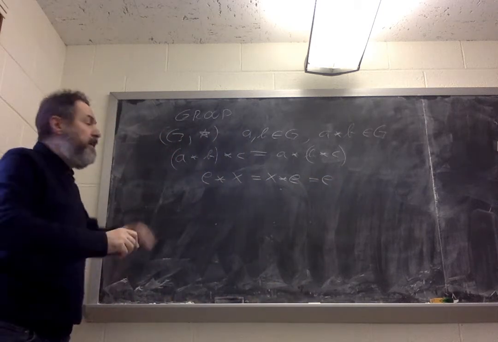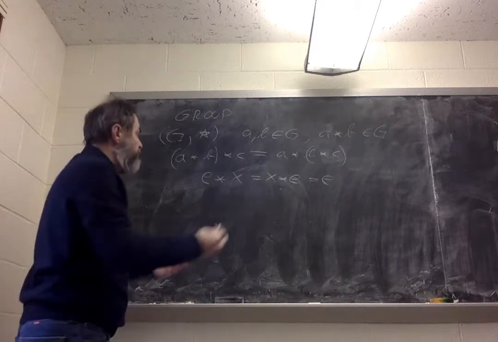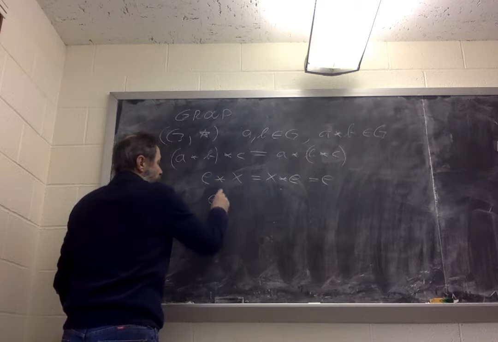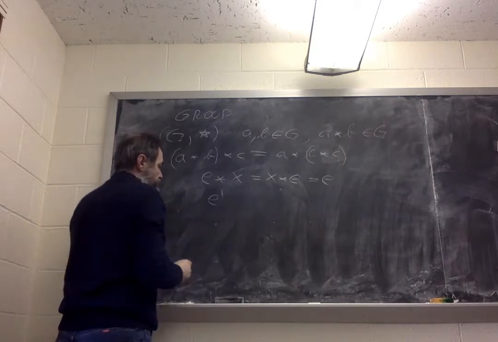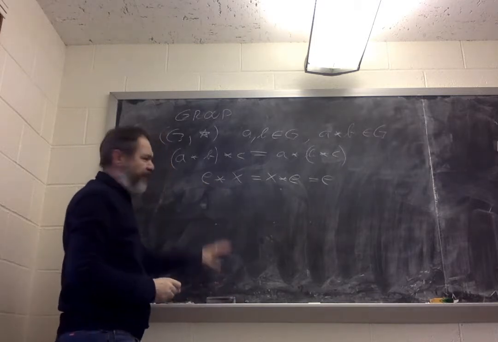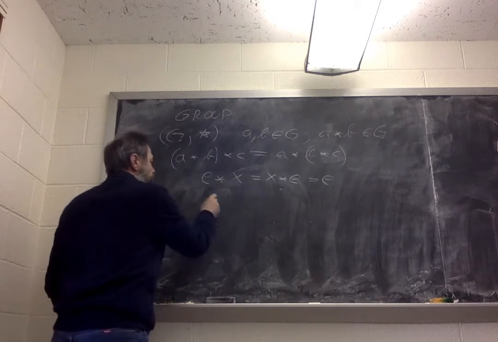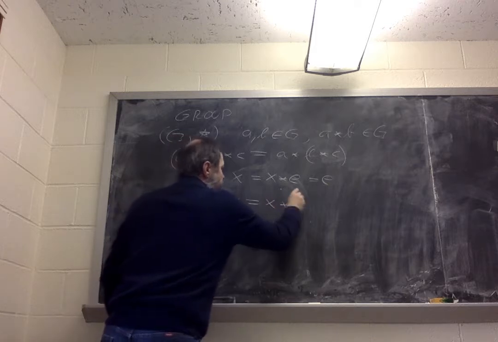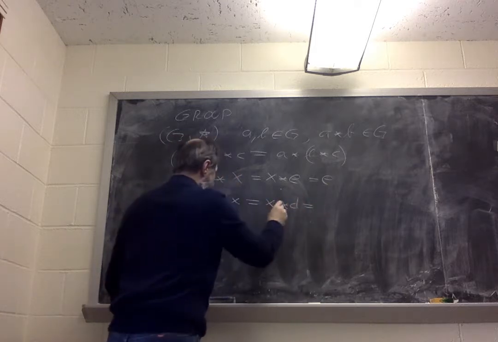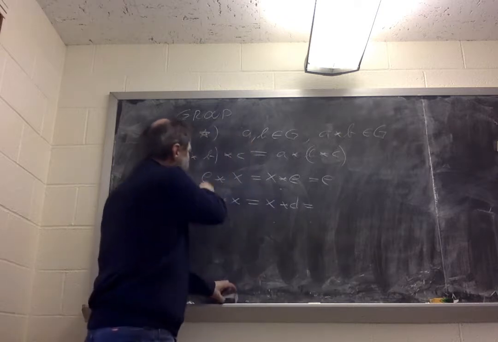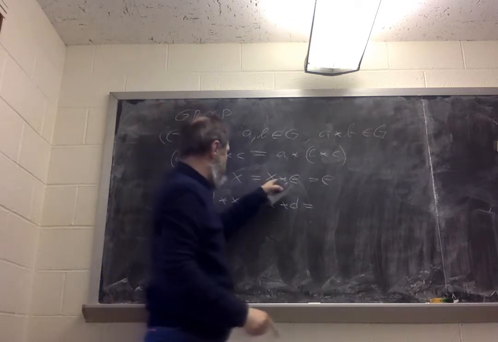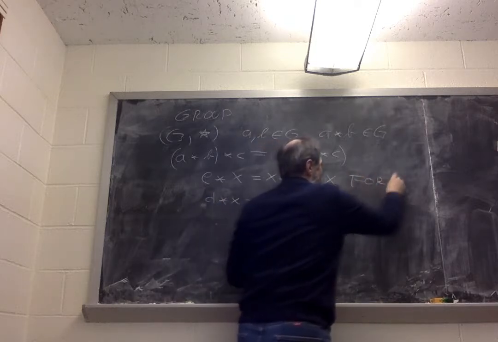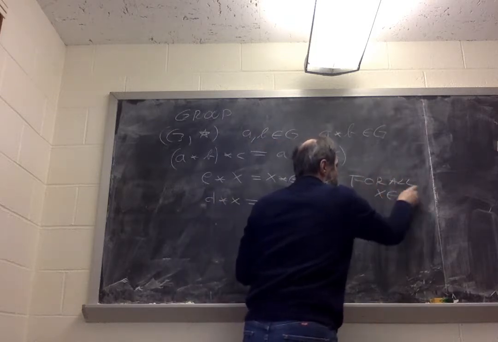As soon as we have this, then E is uniquely determined, because if I have 2 different elements that satisfy this, like another one, E prime, let's call it, or D. So let's say D times X is equal to X times D, and is equal to X, and E times X is equal to X times E, and is equal to X. And this is for all X in G.